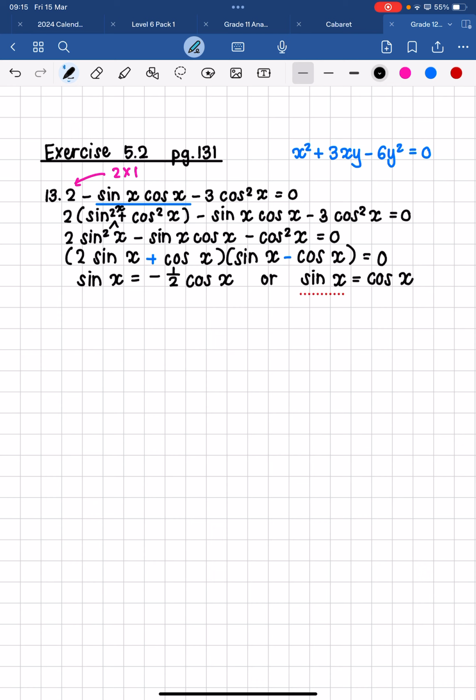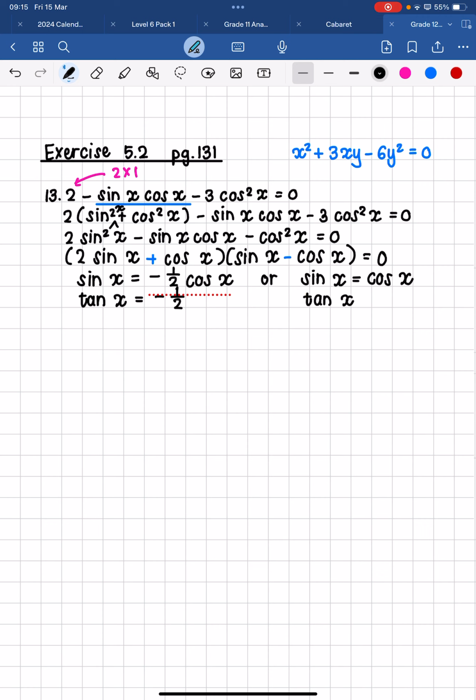Right? And now I hope that you guys remember that trick where you are going to turn this into a tan. Do we remember? So I'm going to divide by cos x. What is sine x over cos x? Tan x equal to negative a half. And on the other side, if I divide by cos x, what's left?